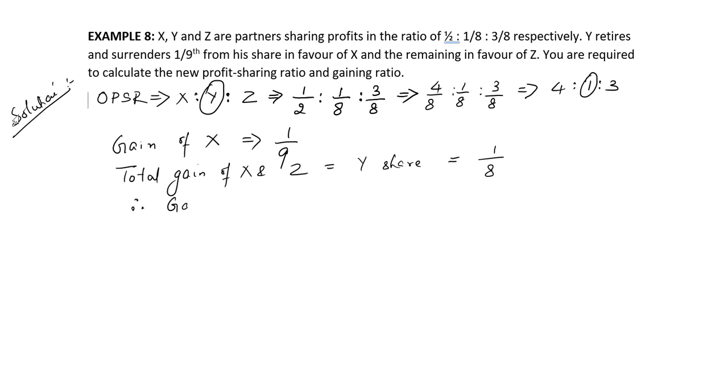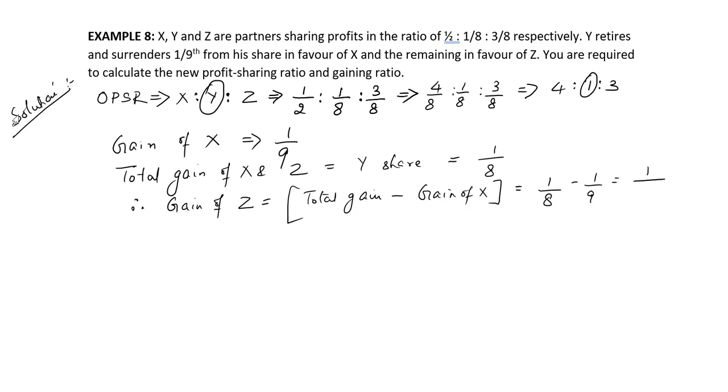Hence, the gain of partner Z is equal to the total gain minus gain of partner X, which is equal to 1 by 8 minus 1 by 9 is equal to 1 divided by 72.